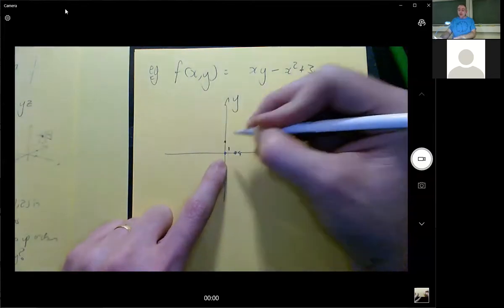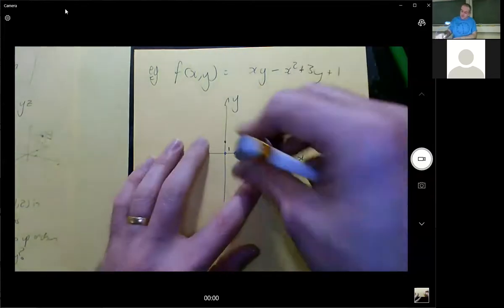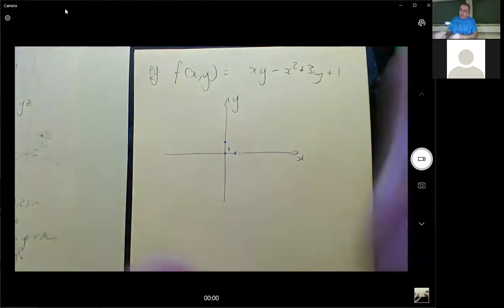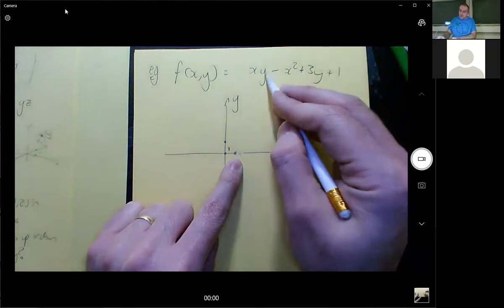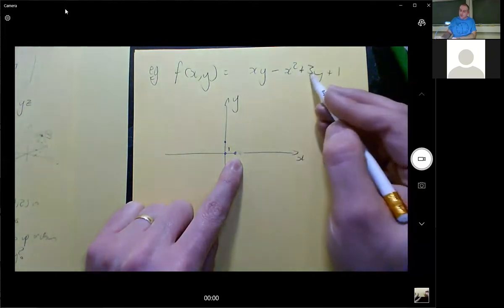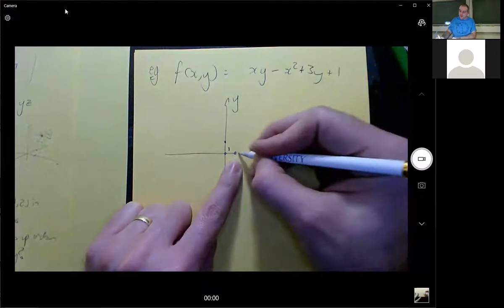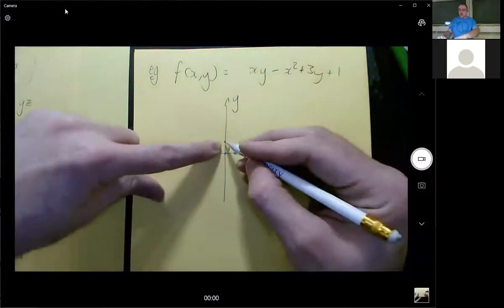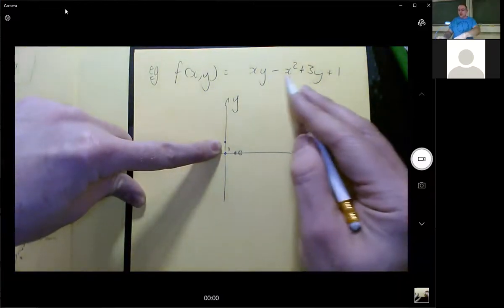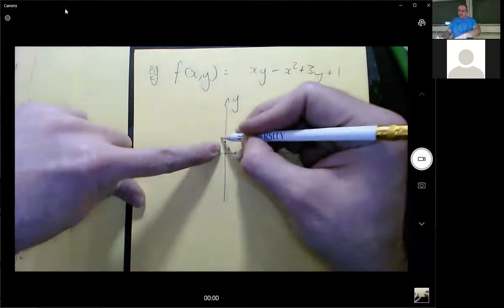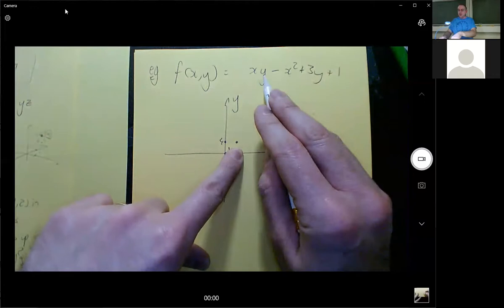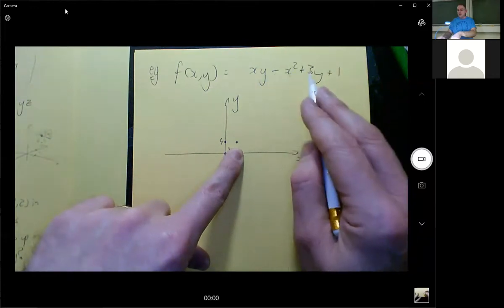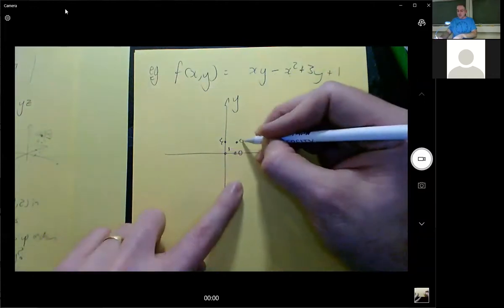And here at the point, sorry, that's the point 1, 0: 1 times 0 minus 1 squared plus 3 times 0 plus 1, the answer is 0. Whereas at 0, 1 the answer is 4, and here at 1, 1, the answer is 1 times 1 minus 1 squared plus 3 times 1, the answer is also 4 there.